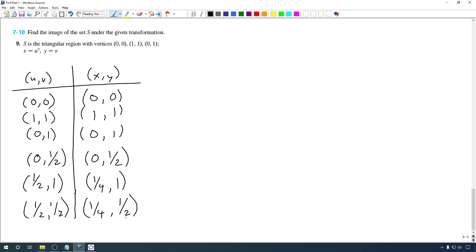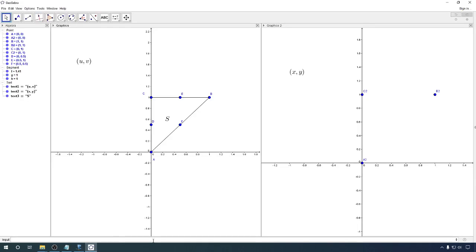So we get 3 different points, which we can go ahead and plot. Make sure we put them over here. So I'm going to continue with the idea that I'm just going to attach 2 to the names of these points. So D2 is going to be 0, 1/2. E2 is going to be 1/4, 1.